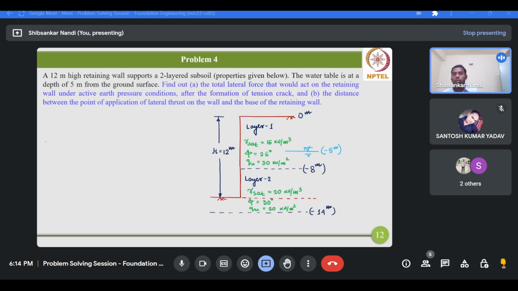So we'll quickly solve this problem. First we'll calculate the active earth pressure coefficients for both the layers. So Ka1, and let me know the values which you are getting. Okay, so 1 minus sin 25 divided by 1 plus sin 25, then Ka2 is 1 minus sin 30 divided by 1 plus sin 30.